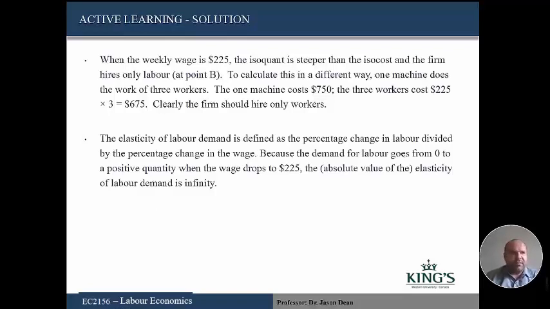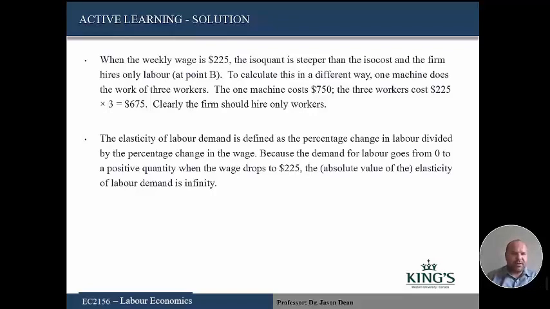We can calculate a percentage change in the wage, but in terms of the percentage change in the amount of labor, the demand for labor goes from 0 to a positive quantity when the wage drops to 225.